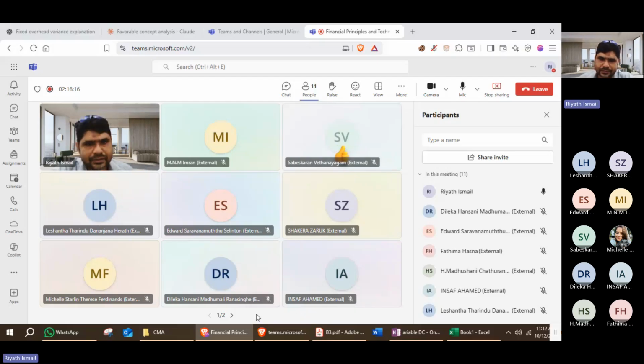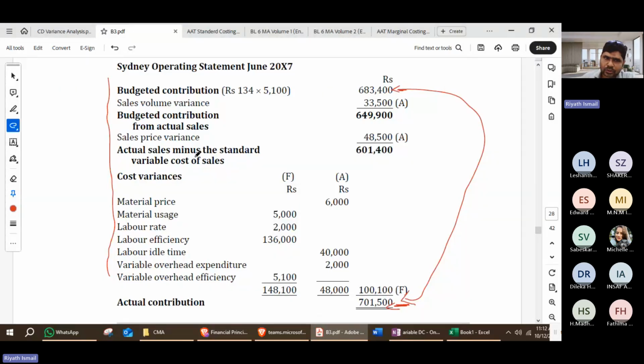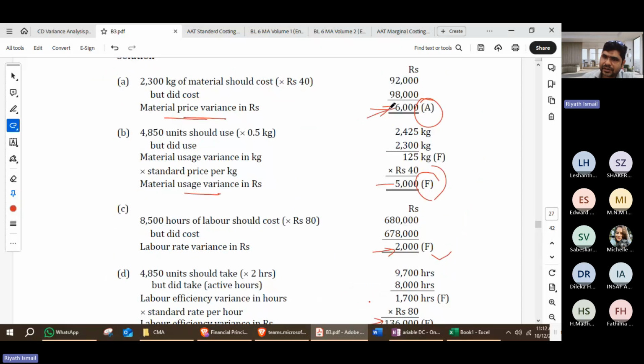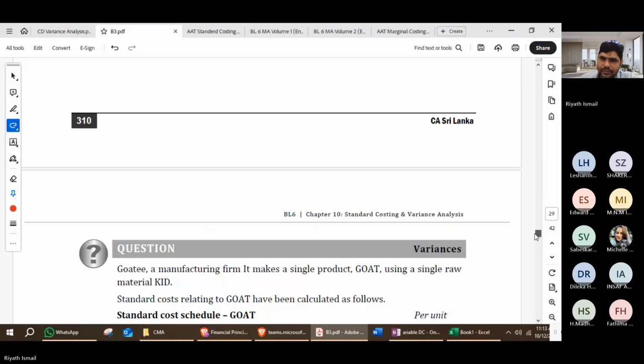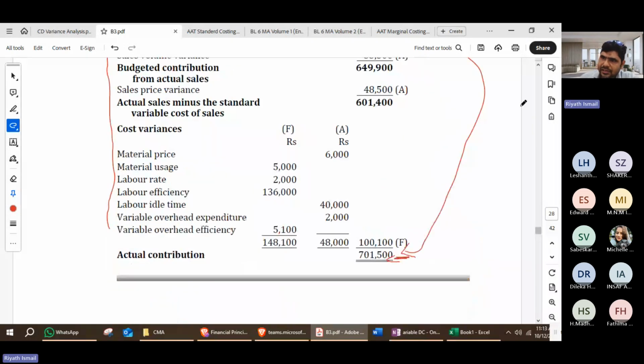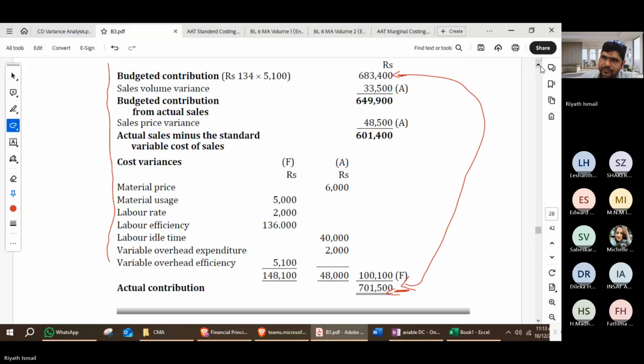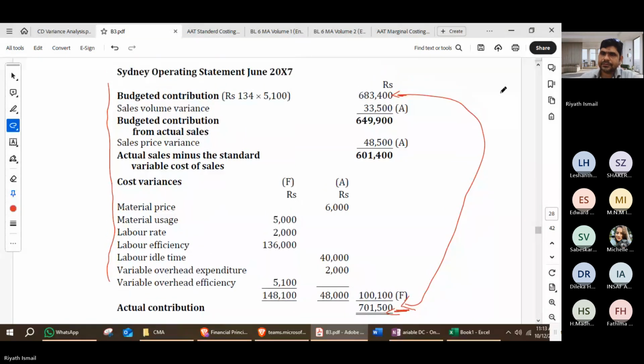Okay. Right. I give you 2 minutes. Please just go through the statement and compare these variances, adverse and favorable, write each variance, and just have a look at this.